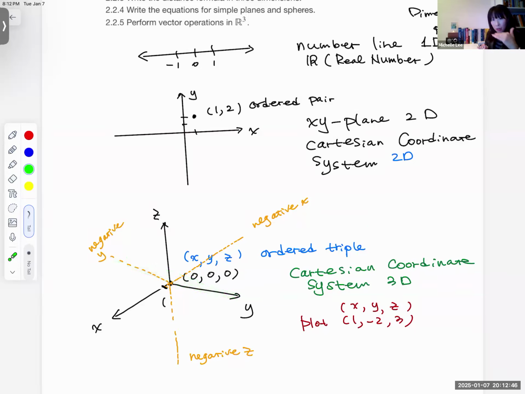So I just draw a line at 1 parallel with the y-axis.